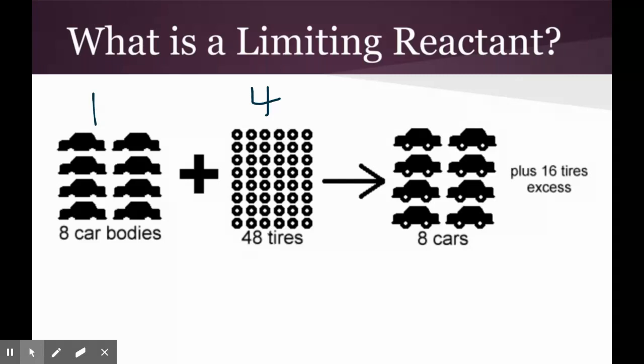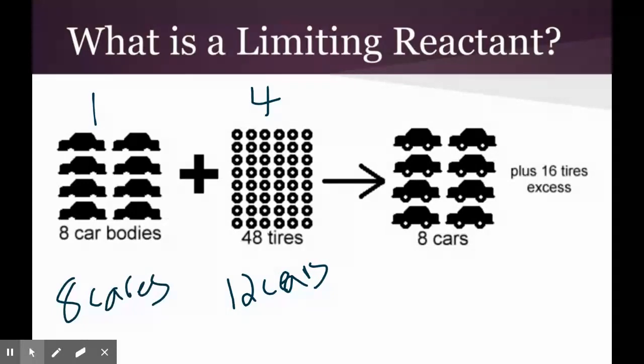With 48 tires, you could make a total of 12 cars, while with 8 car bodies, you can only make 8 cars. So once the car bodies are used up, the reaction of making a car is going to stop. So we'll get 8 complete cars, and we'll have 16 tires left over.